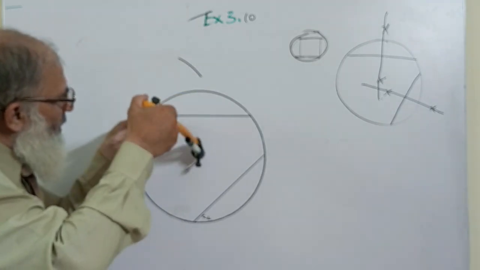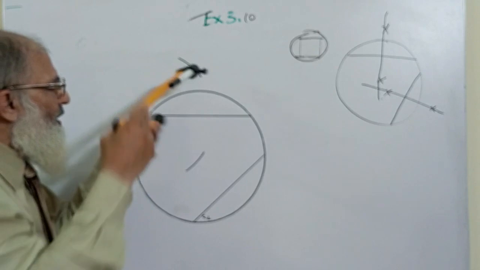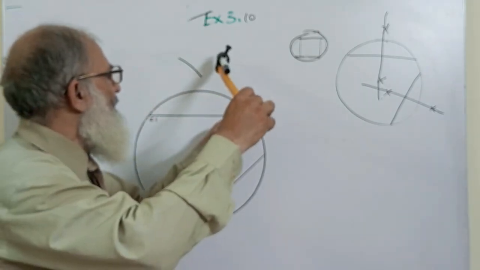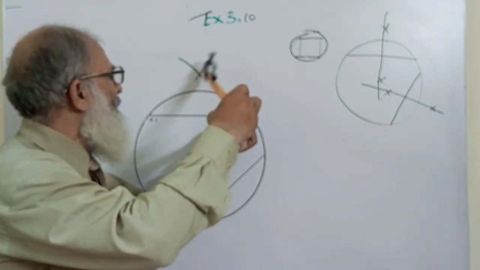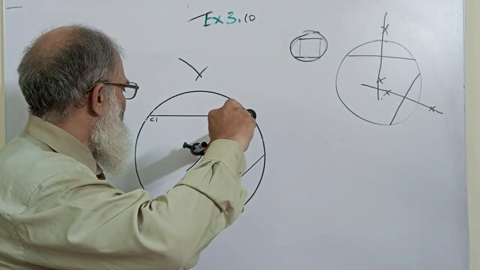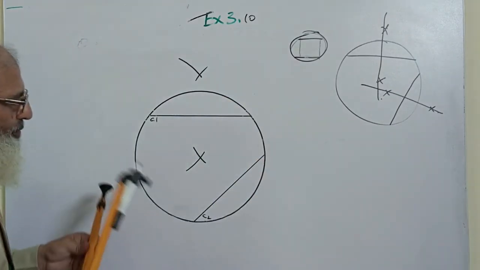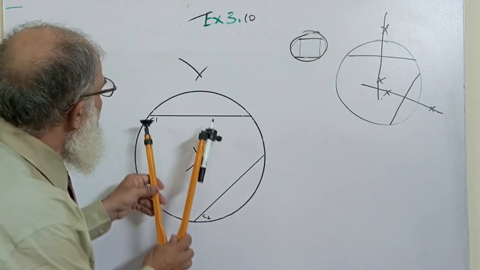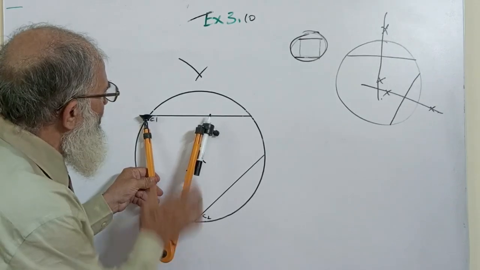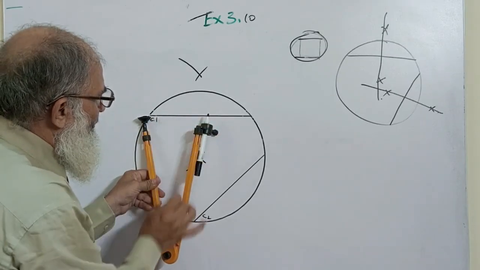We'll draw an arc within the circle and outside the circle. And similarly here, draw an arc which will cut the previous arcs over here. Be sure that you open the compass approximately more than half.